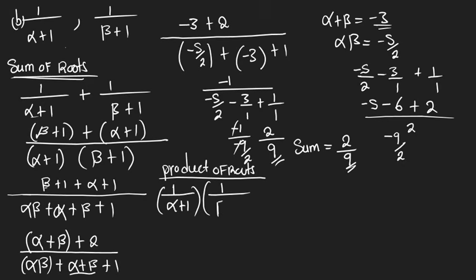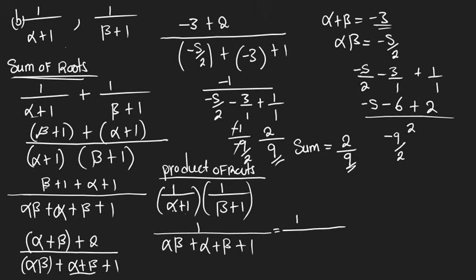That's all, and I'll be able to come up with the answer. 1 multiplied by 1 becomes 1 on top. Alpha multiplied by beta becomes alpha beta. Alpha multiplied by 1 becomes alpha. 1 multiplied by beta becomes beta. 1 multiplied by 1 becomes 1.